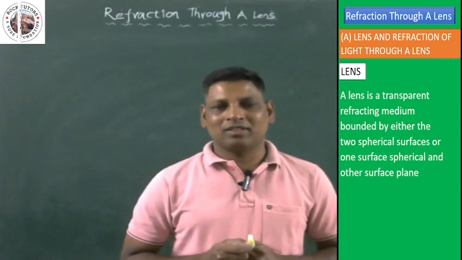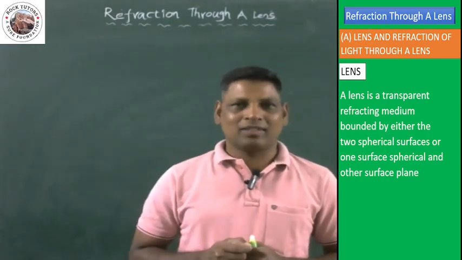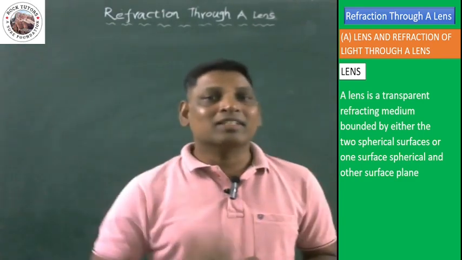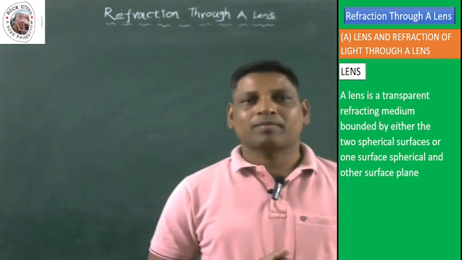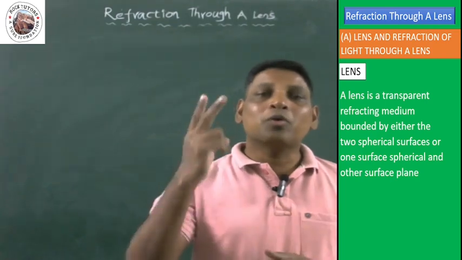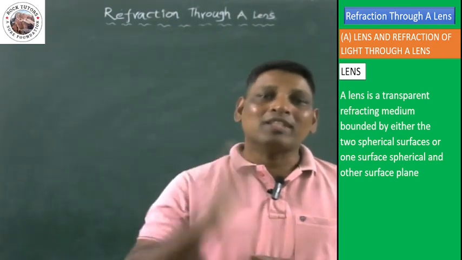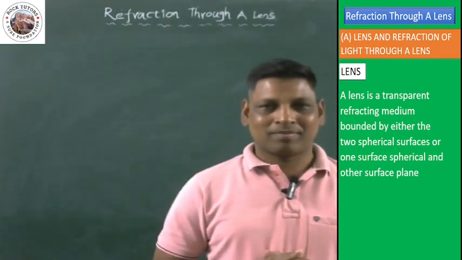In this topic, what is meant by lens? Lens is a transparent and refractive medium bounded by either 2 spherical surfaces or one surface spherical and another surface plane.